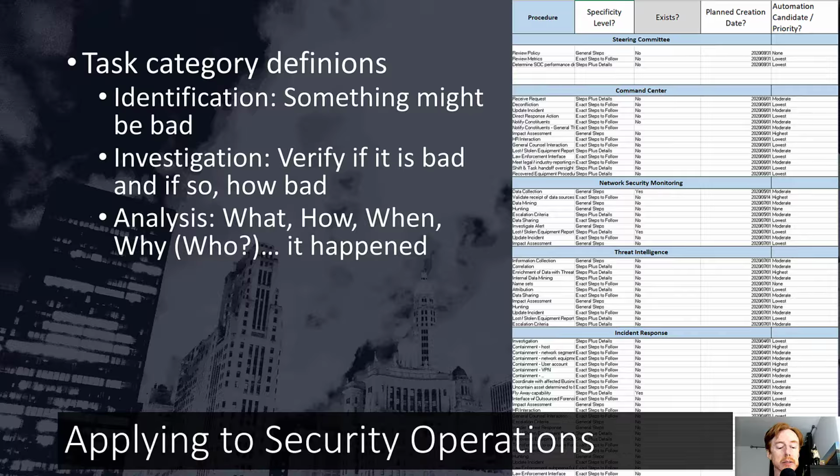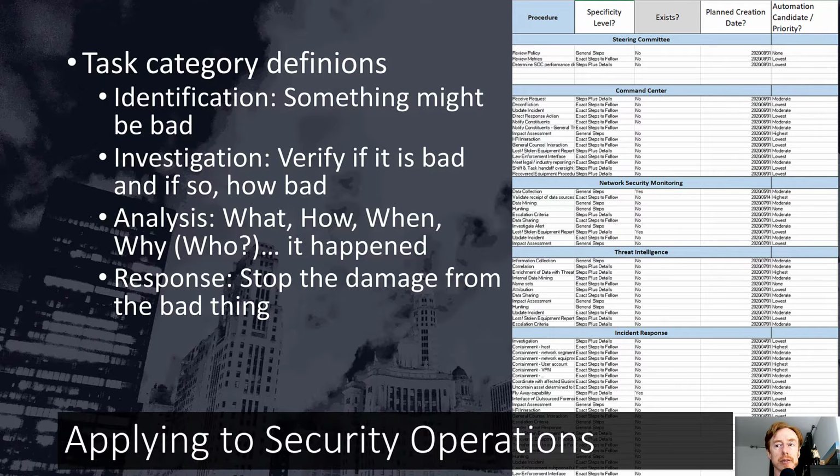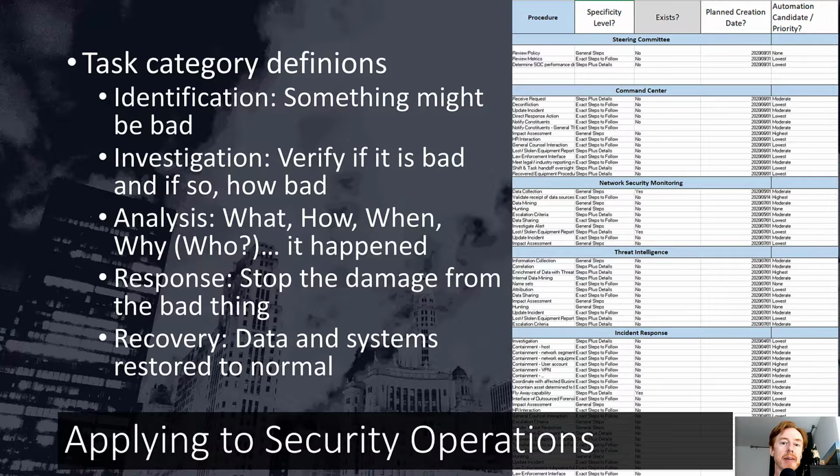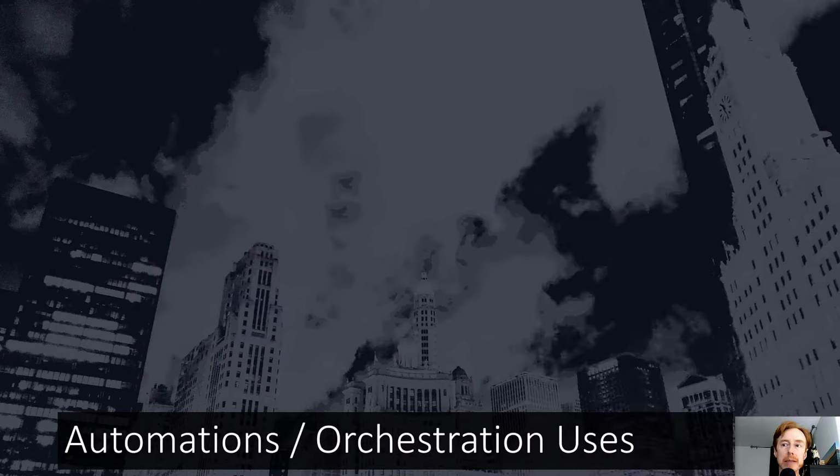Analysis is the assessment of what occurred, how it occurred, when it occurred, where it occurred, on what systems, and what exactly the details were. Response is intervention in the bad thing, and recovery is data and system resumption back to normal after the bad thing has been intervened on or eliminated.